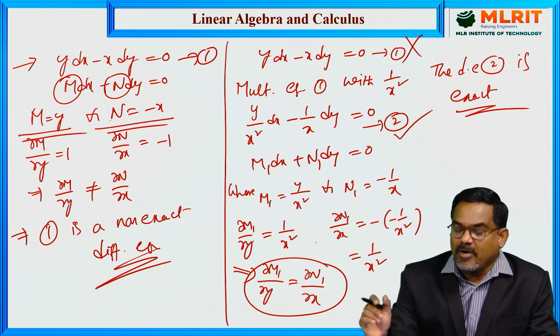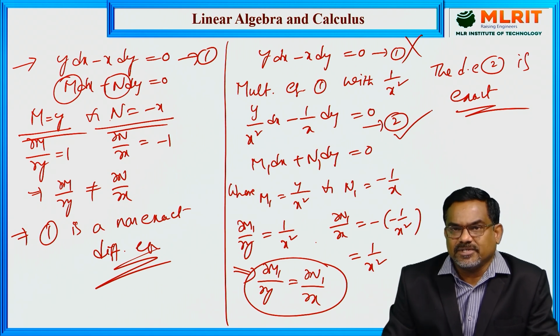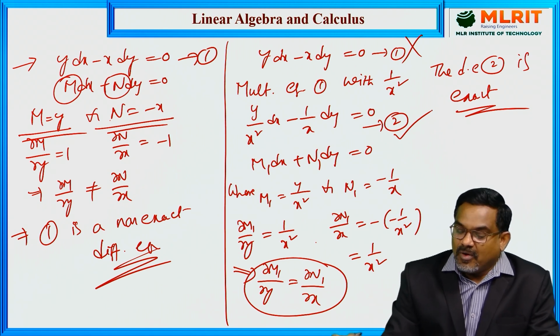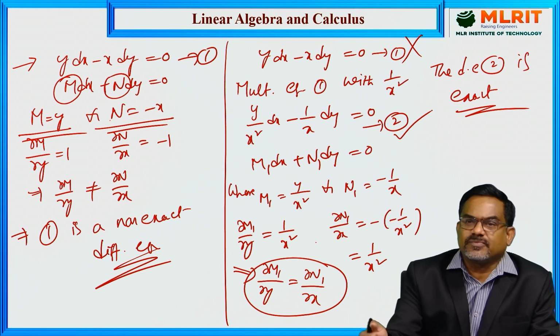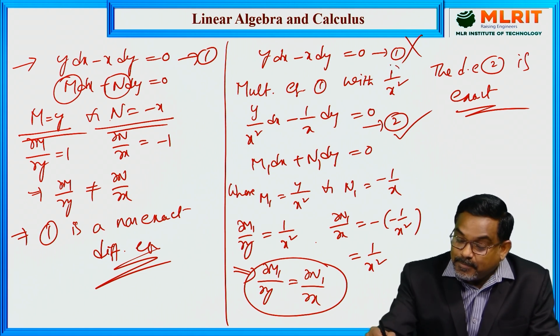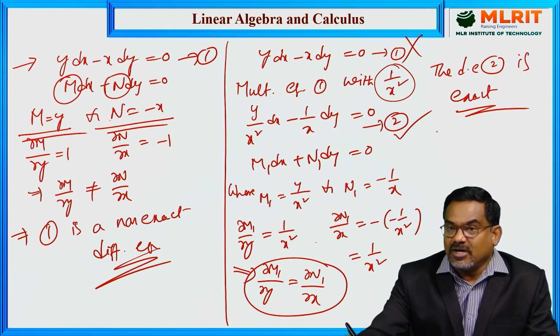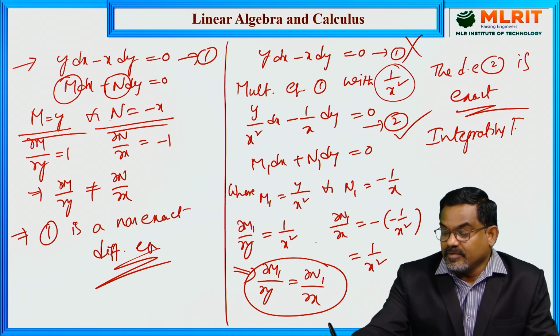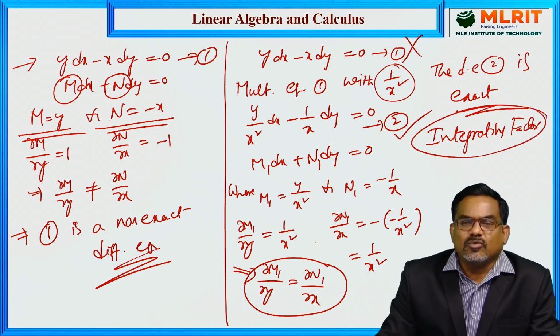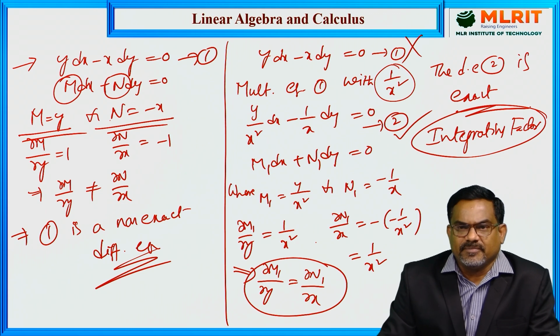How have we obtained this exact differential equation, or how is equation 1 transformed to 2? By multiplying with a factor 1 by x square. That factor is called the integrating factor. Now you might have understood how to solve a non-exact differential equation.